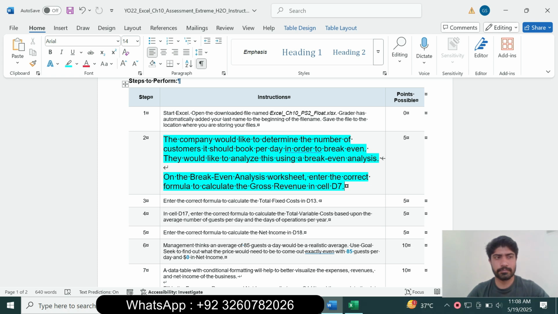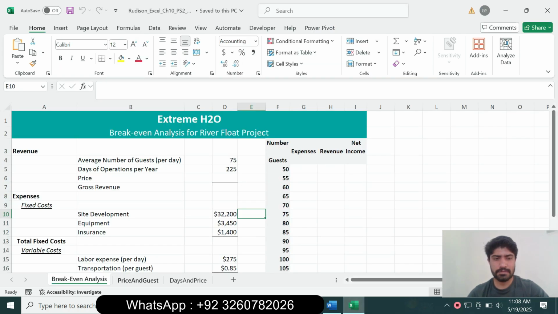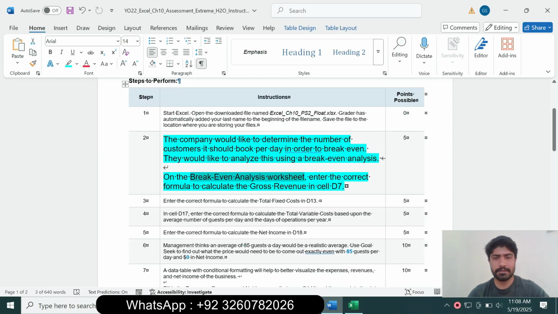So on the break even analysis worksheet, enter the correct formula to calculate the gross revenue in cell D7.